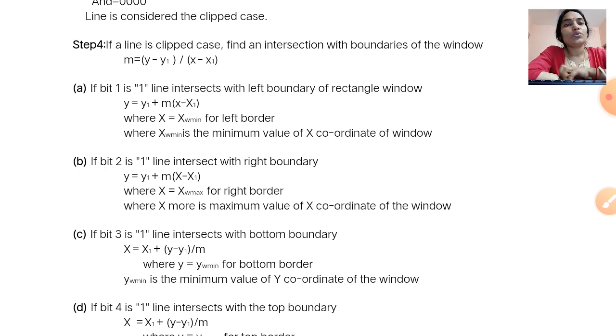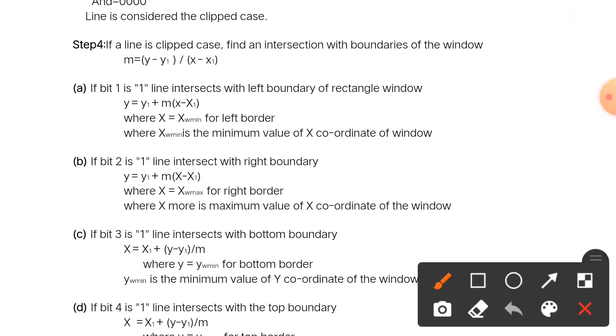If bit 2 is 1, then the line intersects with the right of the window. Then y equals y1 plus m into x minus x1, where x equals xw max for the right border.